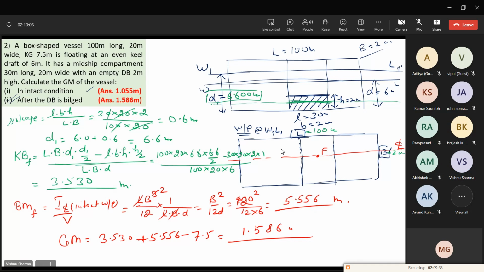So please don't always think that bilging will always lead to compromise on GM. No. In a situation like this, when it is contained by a tank top or something, the GM can actually increase. Whereas in the previous one the GM had reduced, here the GM has increased.